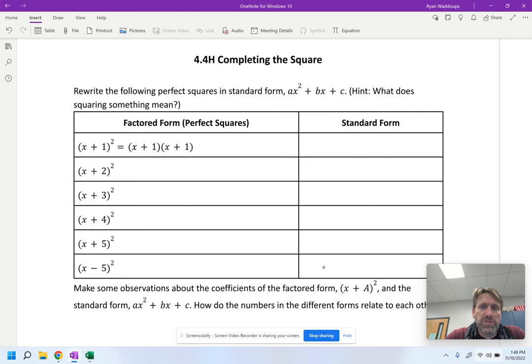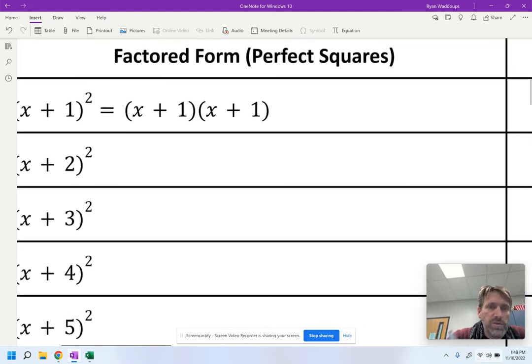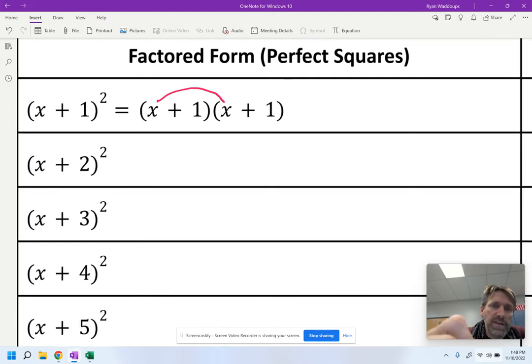Rewrite the following perfect squares in standard form, which is ax squared plus bx plus c. Hint, what does squaring something mean? Now they've given us an additional hint on the first one. x plus 1 squared is x plus 1 times x plus 1. And so if we use the distributive property, we take x times x and x times 1. That gives us x times x is x squared, and x times 1 is x.